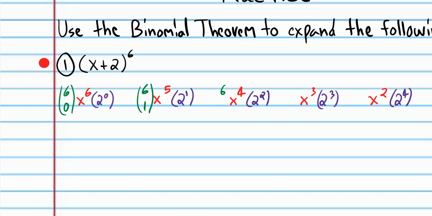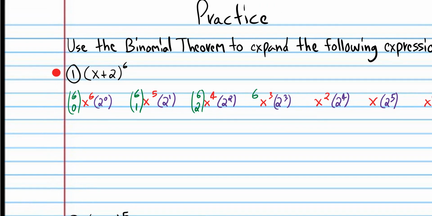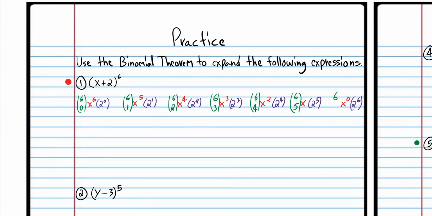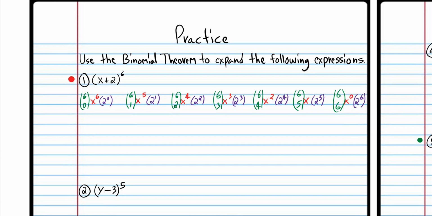I'm going to try to write as legibly as I can here, even though we're writing small. And then 6 choose 3, and you can see how this is progressing. 6 choose 4, 6 choose 5, and lastly 6 choose 6. Then we're going to write plus signs in between all these terms.